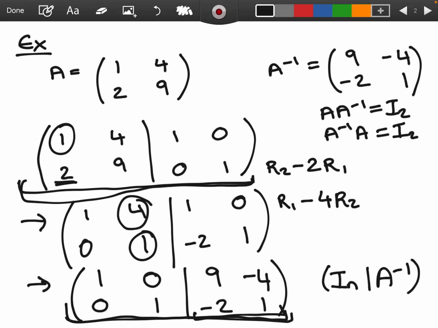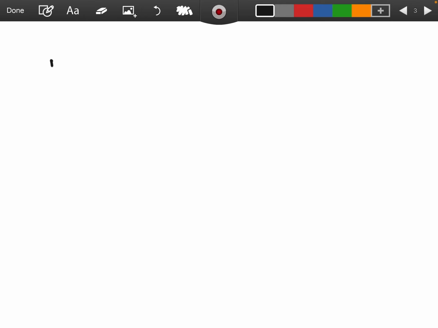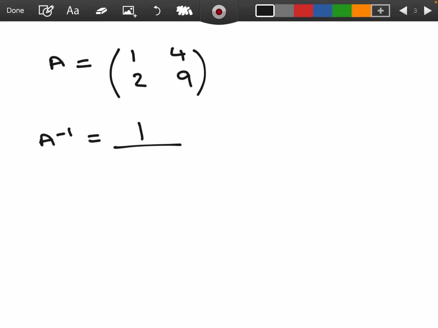Or because we have a 2 by 2 here, we could go ahead and actually check using our definition of the inverse of a 2 by 2, and we did that in 2.4. So if A is equal to this matrix here, we said that A inverse is just 1 divided by A times D minus B times C. So that will be 9 minus 8.